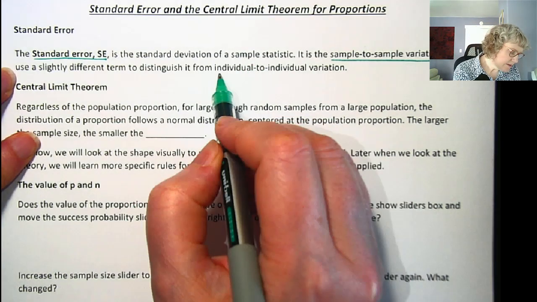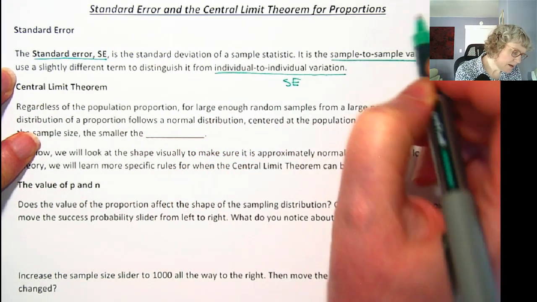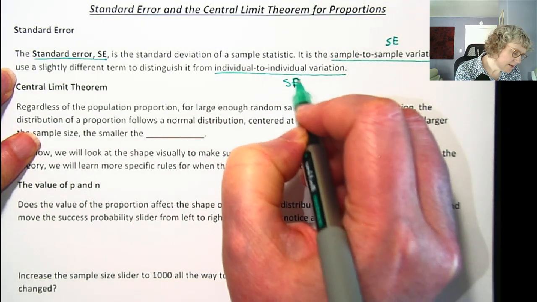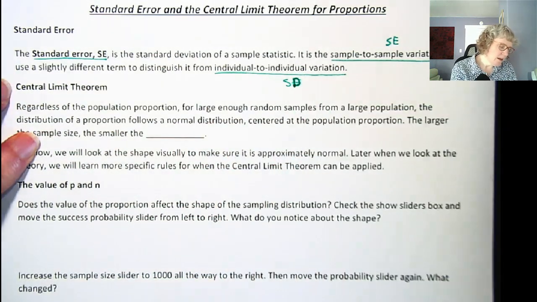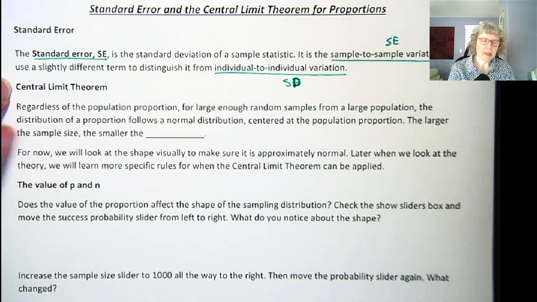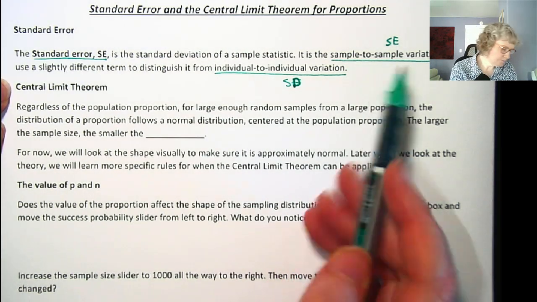So we use SD for individual to individual, and SE, oh sorry, I said SD, but I wrote SE, for sample to sample, okay? So standard error just helps remind us that sample to sample variation is less than individual to individual. And this also changes based on the size of your sample size, right?